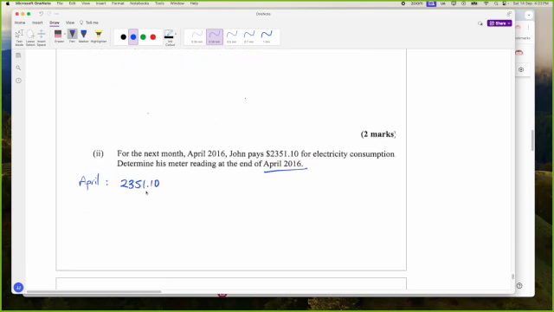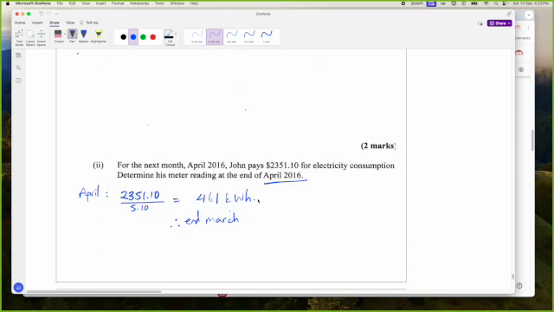So he used this amount divided by the $5.10, because it's $5.10 per kilowatt hour. So this here, 2351.10 divided by 5.1, he used 461 kilowatt hours. So therefore, at the end of March, the meter was reading 3307.